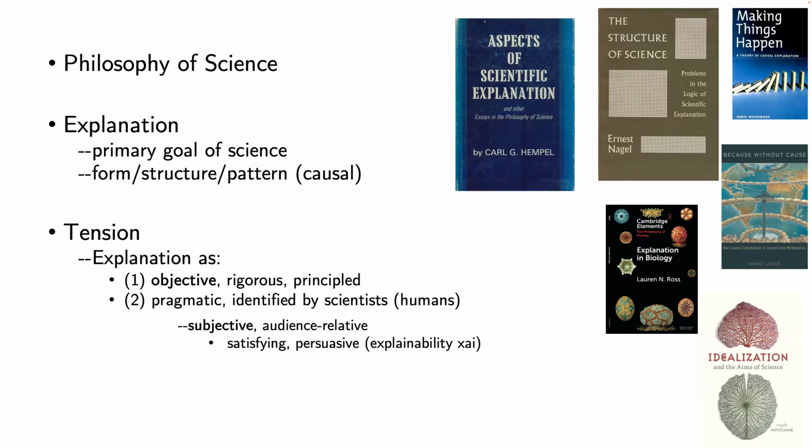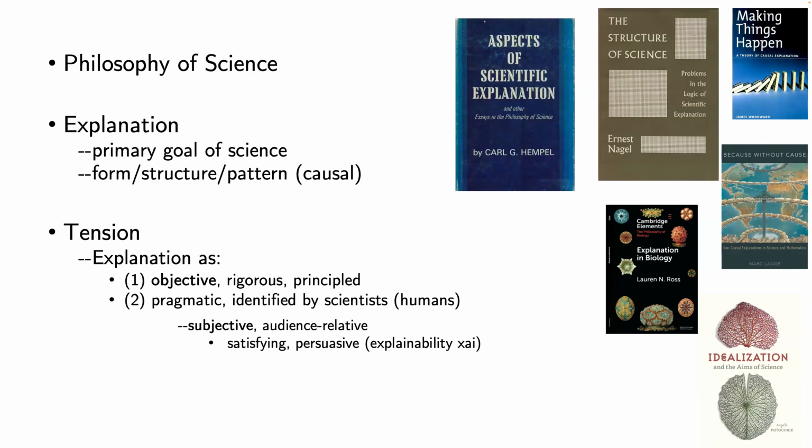conveyed to. Interestingly, you find similar types of suggestions in current work on explainability in machine learning and XAI contexts, where there's a suggestion that some of the criteria that need to be met for explainability are things like how satisfying or how persuasive an explanation is to various types of audiences.